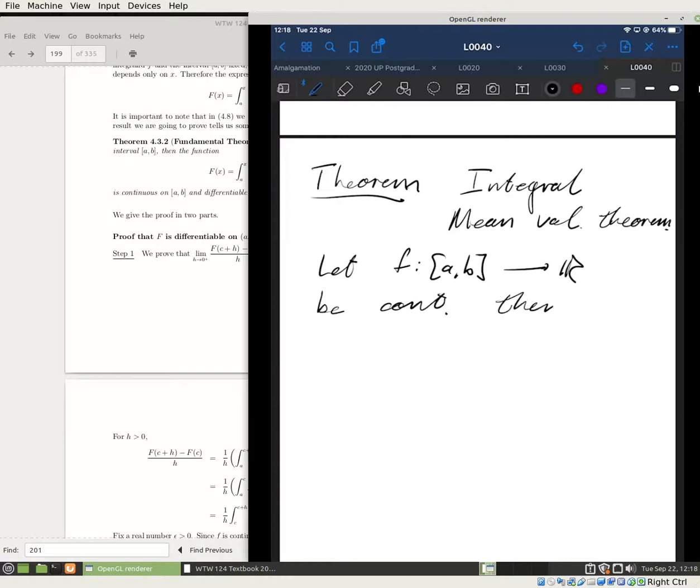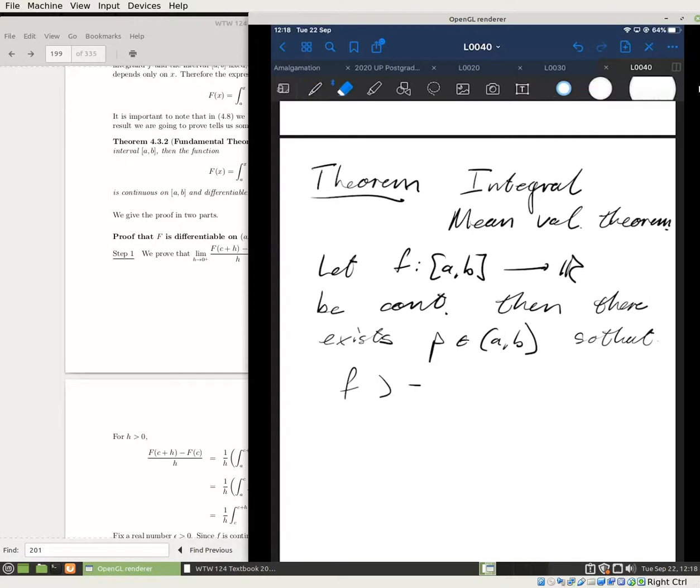Then there exists some point P in the open interval A to B, so that f of P is equal to the average value of f over the interval AB.